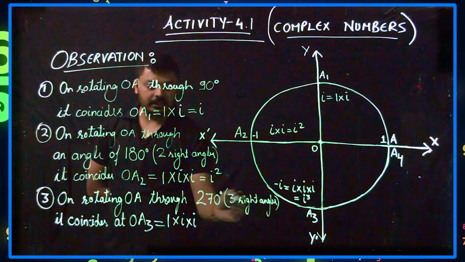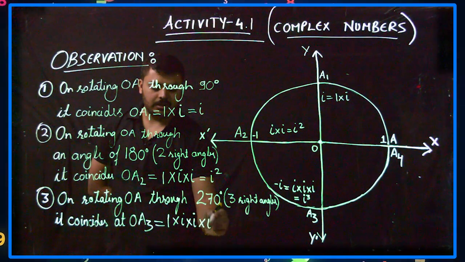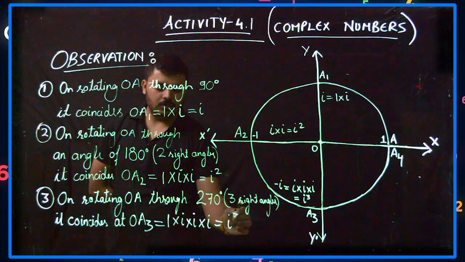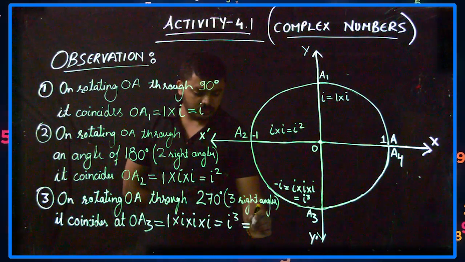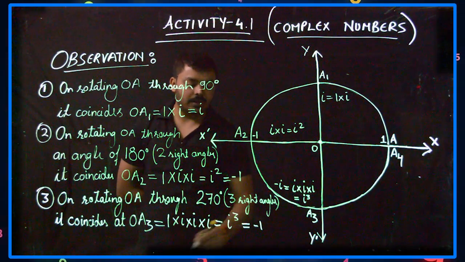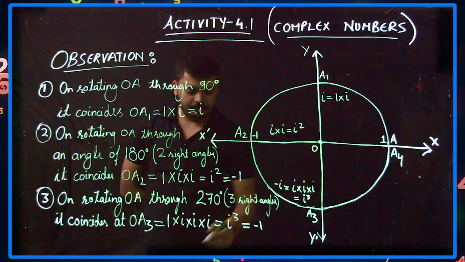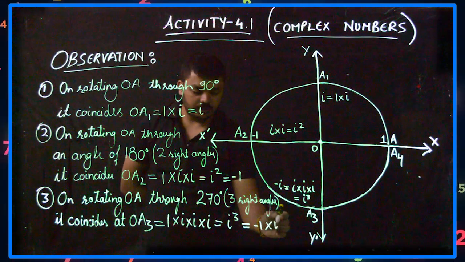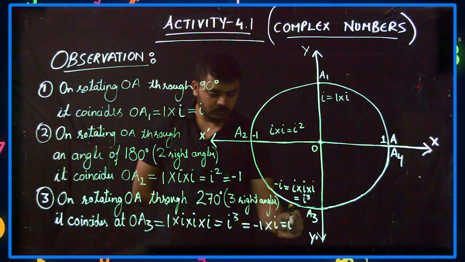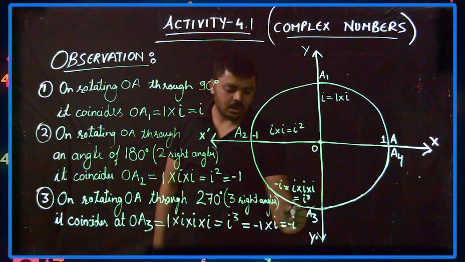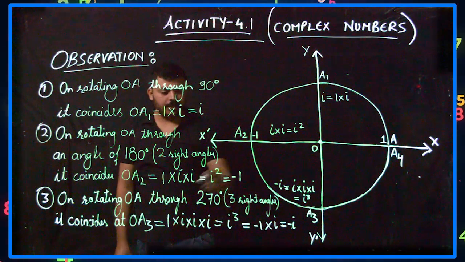So as there are 3 right angles, so 3 multiples of iota becomes i cube, which is equal to minus 1 into iota, as iota square is minus 1. This becomes equal to minus iota or minus i.